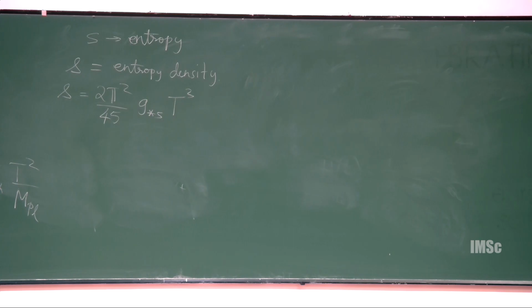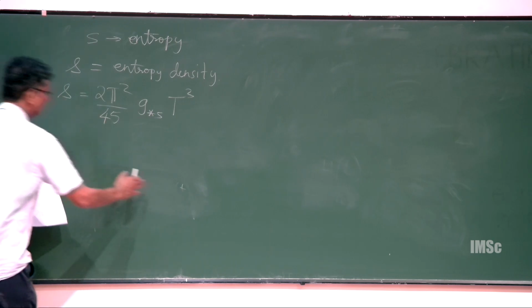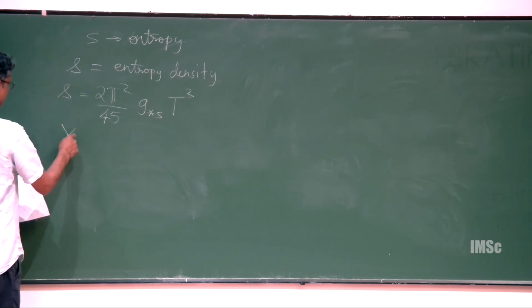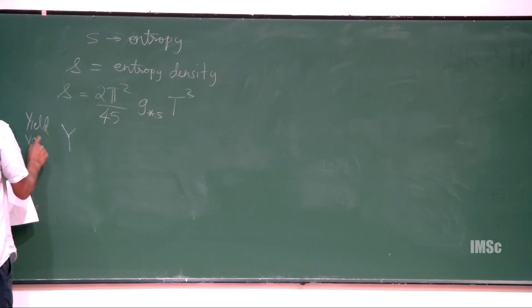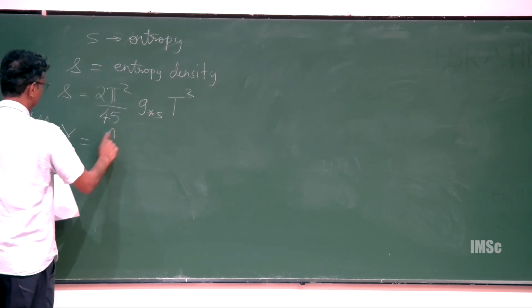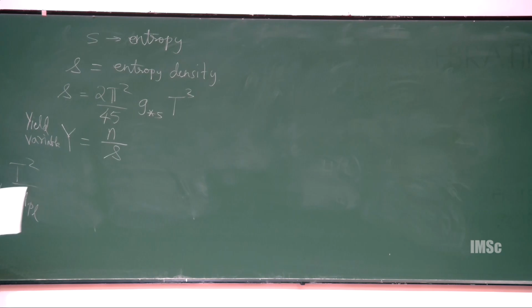Like our number density, except that it has different prefactors. And the reason why I write this is because people define this Y. This is called the yield variable, which instead of talking about a number density, you divide by the entropy density, right?